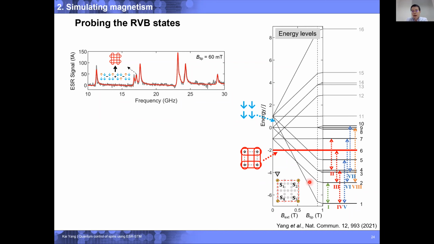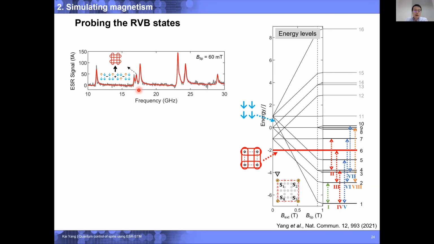But we can still have access to this RVB state by driving coherent transitions, for example, from the first excited state into this RVB state. This transition corresponds to this ESR peak right here in the middle of these three.